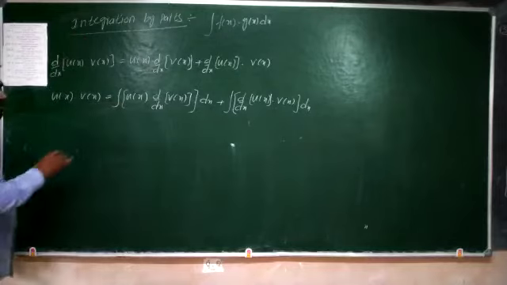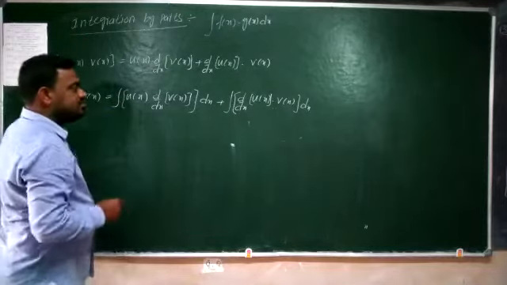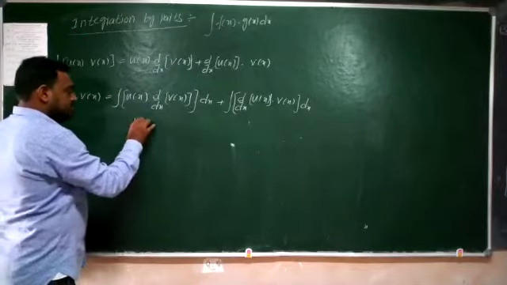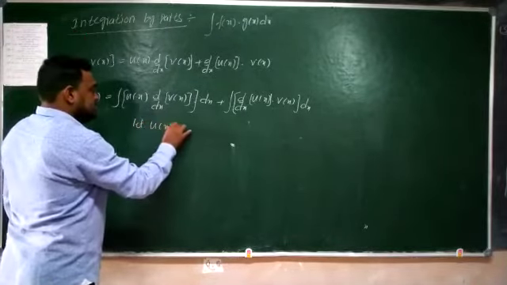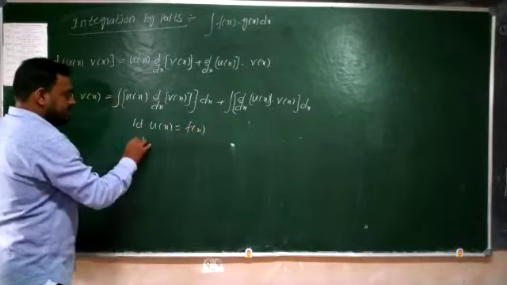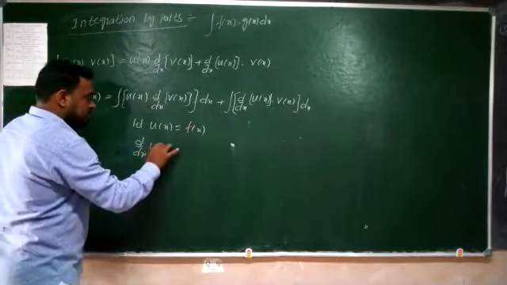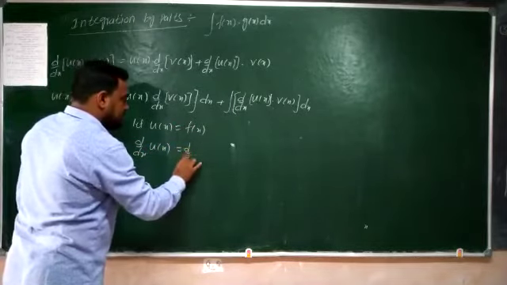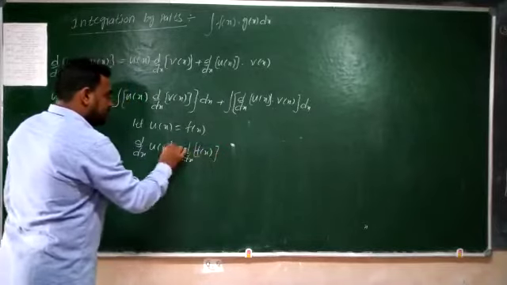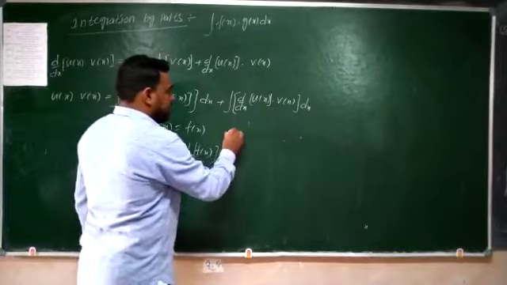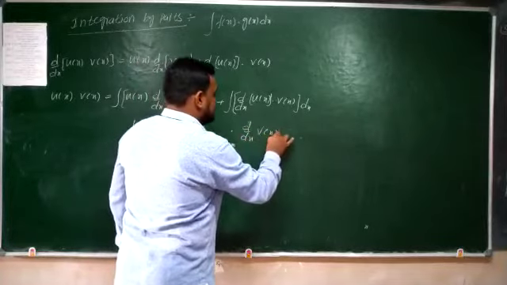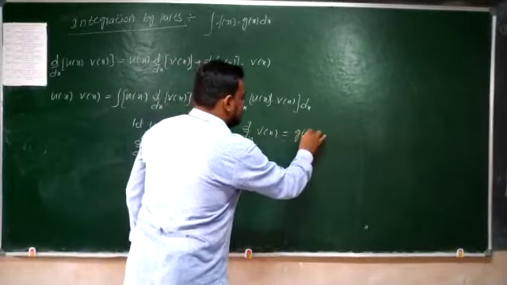Now some important assumptions. Let u of x equal f of x. Then d by dx of u of x is d by dx of f of x. And one more: d by dx of v of x is equal to g of x.